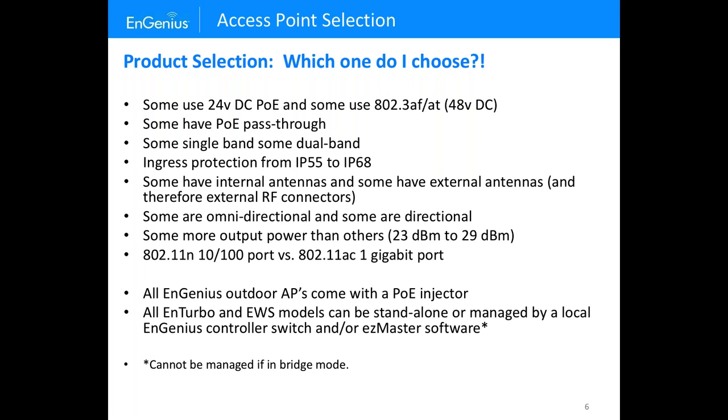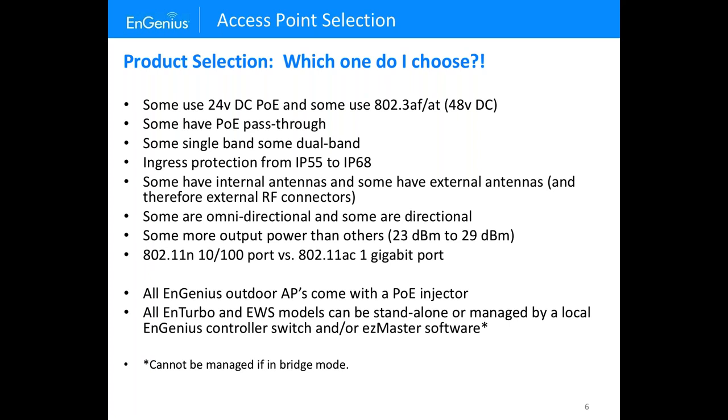Depending on your application, you may want one or not care. Usually the 24-volt stuff is lower cost, but the 48-volt stuff has the advantage of being powered directly off a standard network switch. We have a couple models that have PoE pass-through. Those are the 48-volt ones that take power in, but also can pass through power to a secondary Ethernet port on the other side, which is cool.